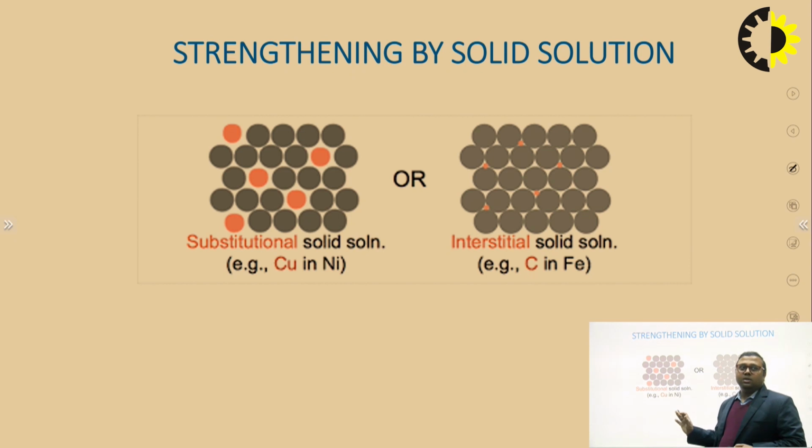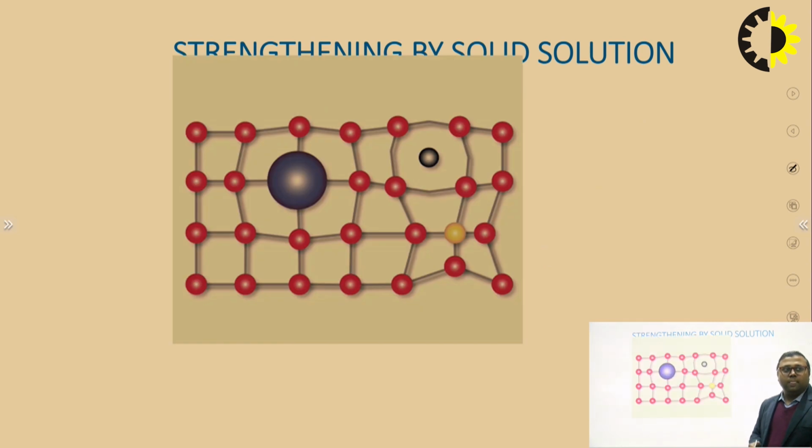So with the help of this solid solution strengthening mechanism, a particular material can increase its hardness or strength, depending upon whether the substitutional or the interstitial solid solution mechanism has occurred. Then this is the strengthening by solid solution.